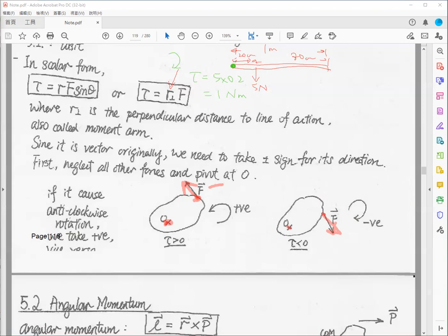And then if you take the moment at this point, you consider this point is fixed and the object can rotate about this point, then this moment is an anti-clockwise moment, and the magnitude is 5 times 0.8, that's 4 Newton meter.